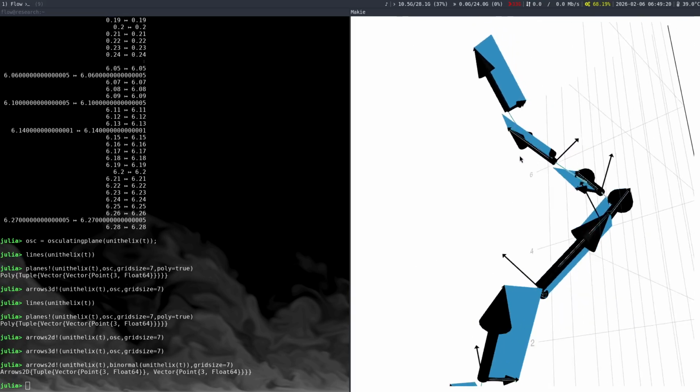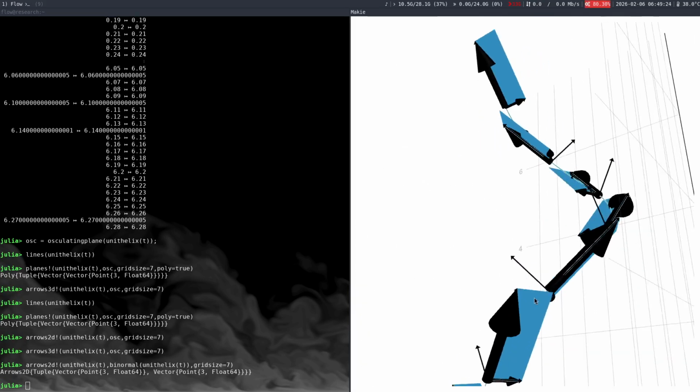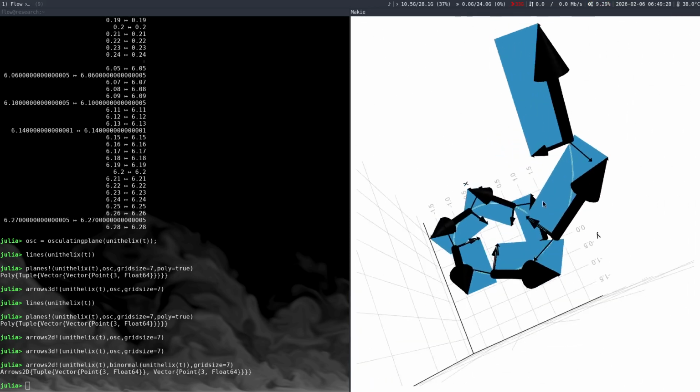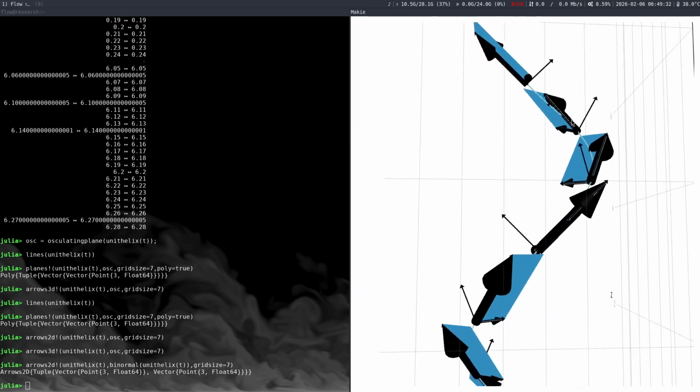So now you can see that there's a binormal vector sticking out of the plane here. This is basically the vector that's perpendicular to this osculating plane.